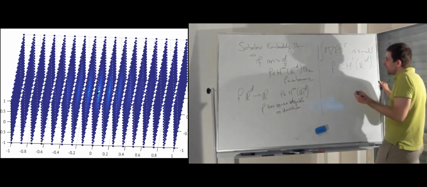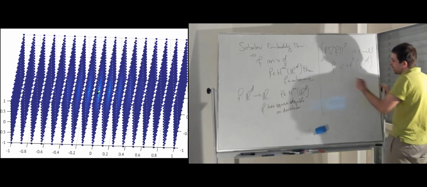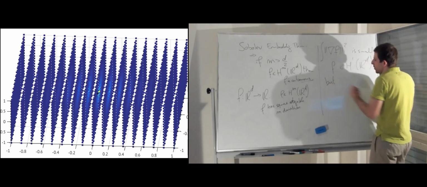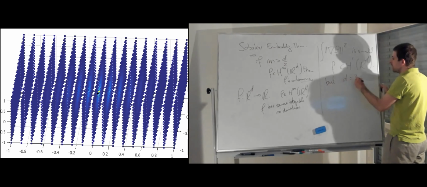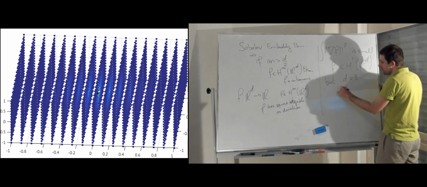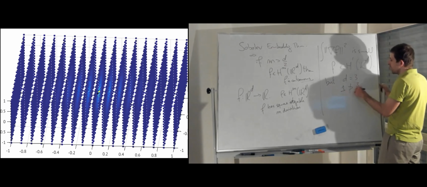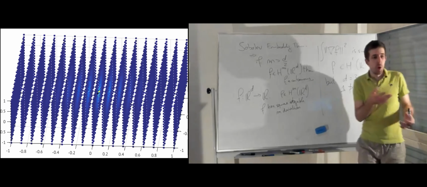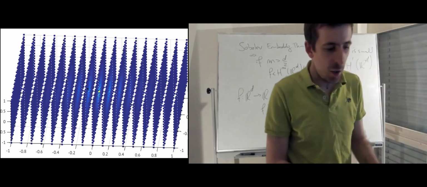And so in particular, if d is equal to 3, say, then m = 1 is not bigger than 3 halves, and this is why we're seeing what we're seeing here in the computer.